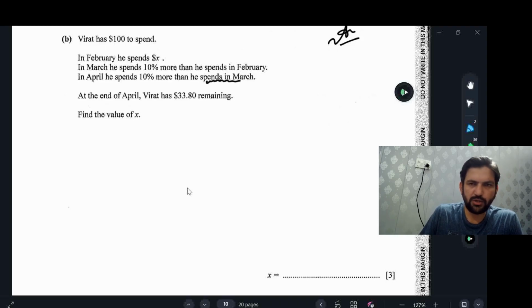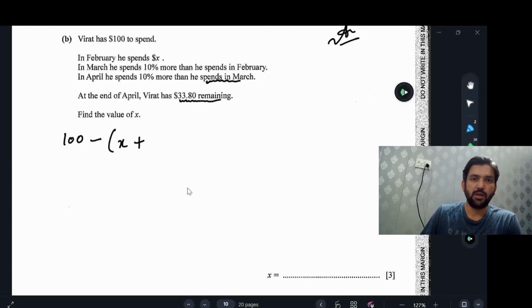Now we have to see that at the end of April Virat has 33.80 remaining. So the total amount is 100 minus what he has spent: in February he has spent X dollars.